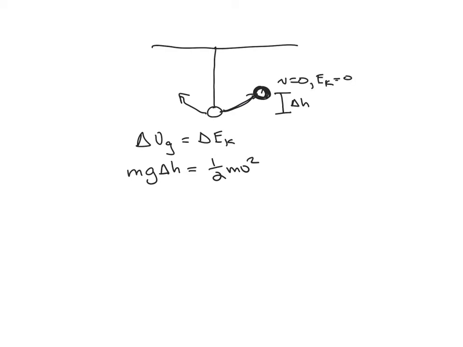Now, if that's the case, at the fastest position down here, we can say, well, there's been this change in gravitational potential energy, and that's equal to that velocity. Now, just like a couple of the other things we've done, because this is not traveling in a straight line, we can't use the Suvat equations, and so we get the m's cancelling out, multiplied both sides by 2, and then take the square root of both sides, and you get the velocity is equal to the square root of 2g change in h.